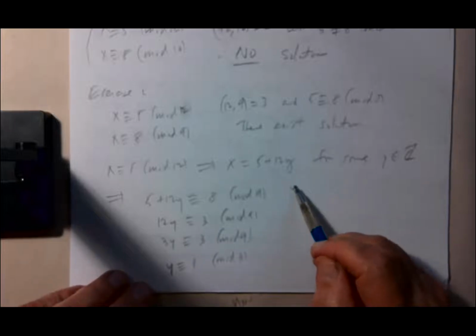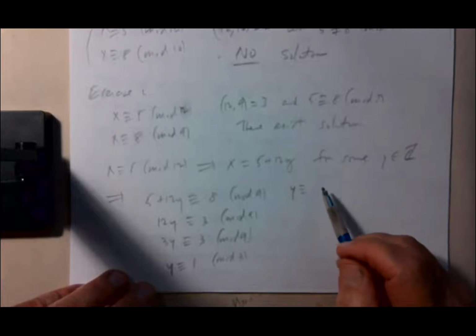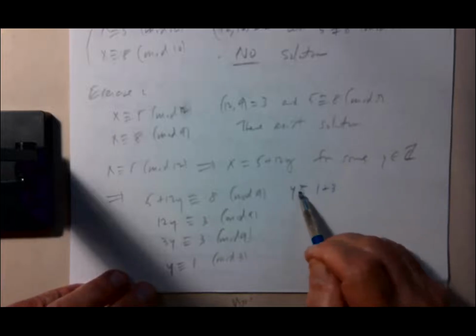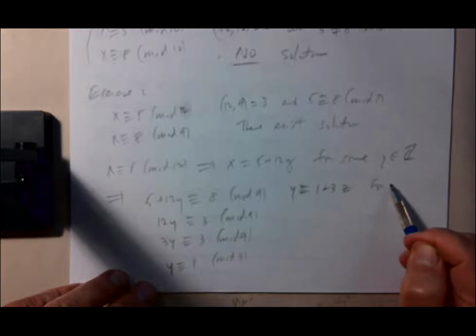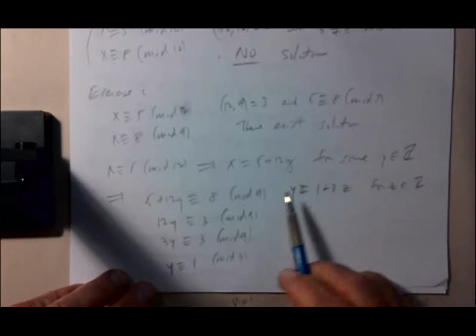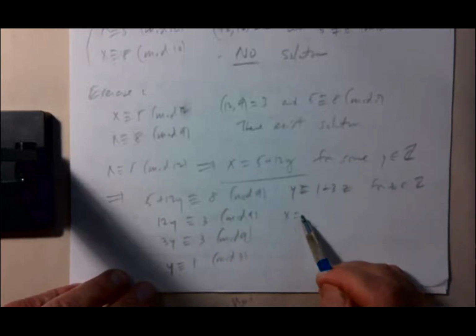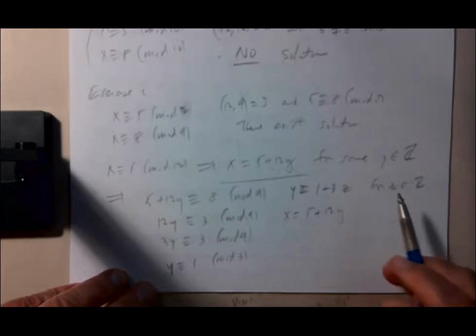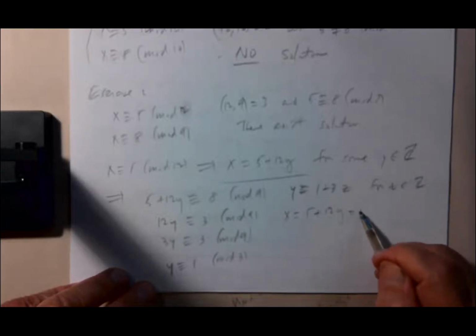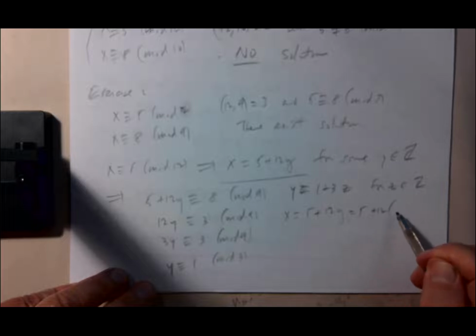If 3y is congruent to 3 mod 9, y has to be 1 mod 3. So y is some number of the form 1 plus 3z for any integer z. And what is x? x is 5 plus 12y, that's 5 plus 12 times 1 plus 3z.